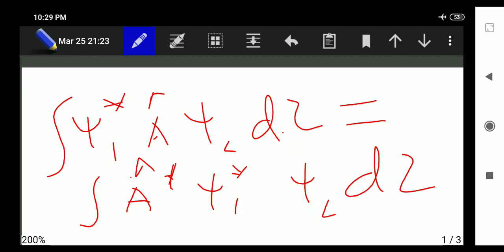I'm writing just a generalized equation for that. So if A is a Hermitian operator, then it must satisfy this condition. Today we'll try to understand how this condition arises.